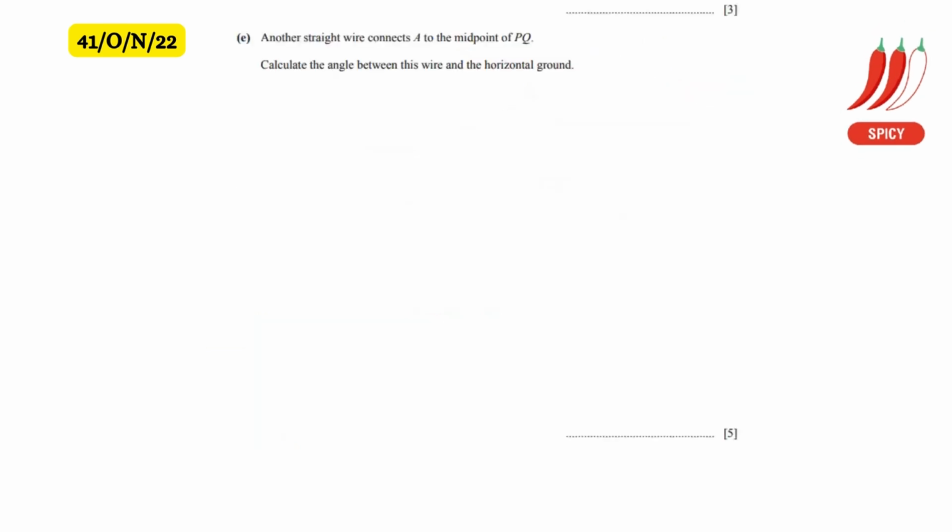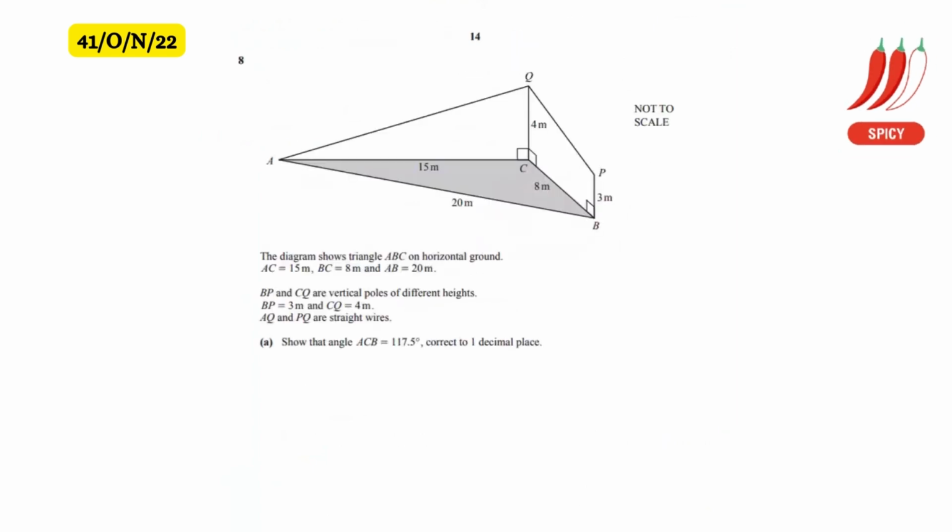Then part E says another straight wire connects A to the midpoint of PQ. Calculate the angle between this wire and the horizontal ground. So going from A to the midpoint of PQ, they want us to calculate the angle between this wire and the horizontal ground.